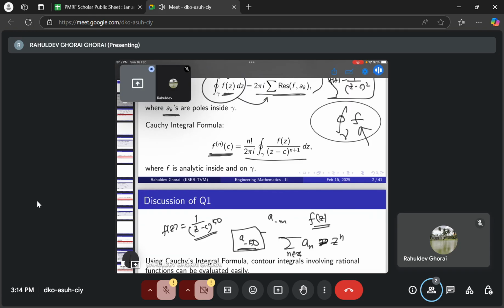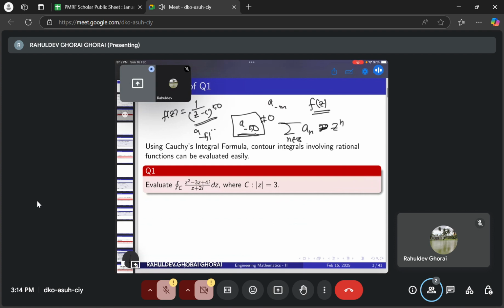Maximum a minus m will be not equal to 0, and after that a minus 51 and all this will be 0. That's what it means. If it is not 0 and keeps on going, then that is called an essential singularity. We'll see all those things while solving the questions.